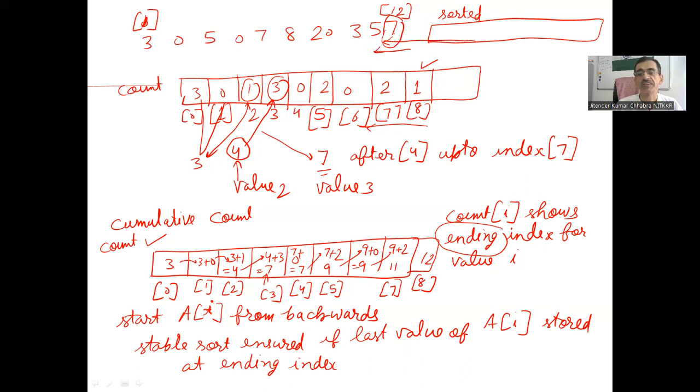7. Where is 7 supposed to be? I know my cumulative index of 7. This is supposed to be index 11. So this is my index 11, and this is index 12. Here the value 7, or to be precise, this full record will be copied at this position.